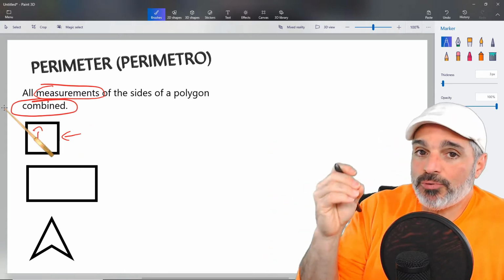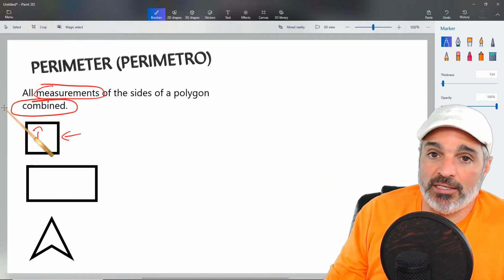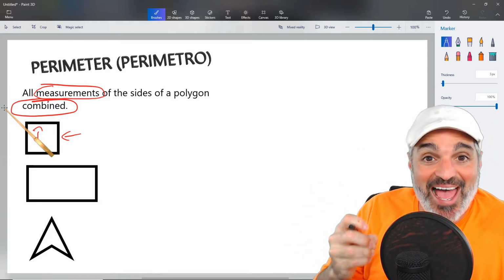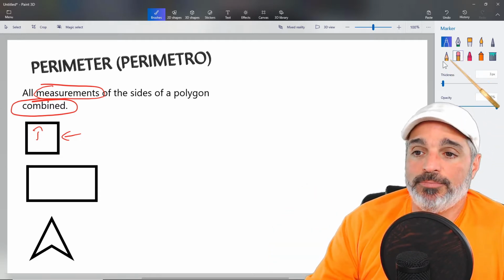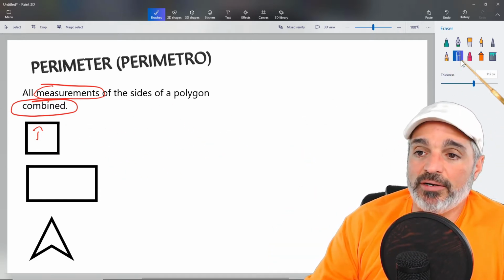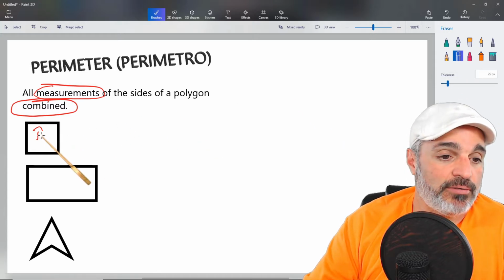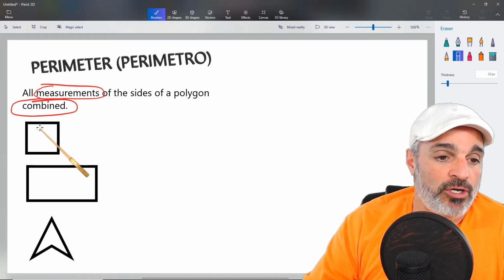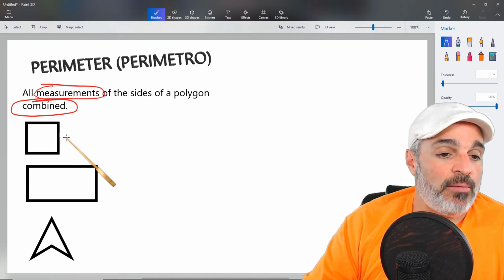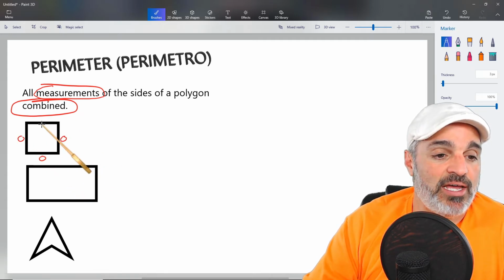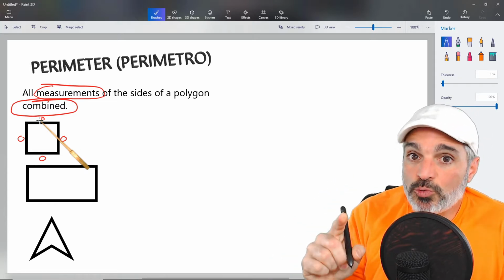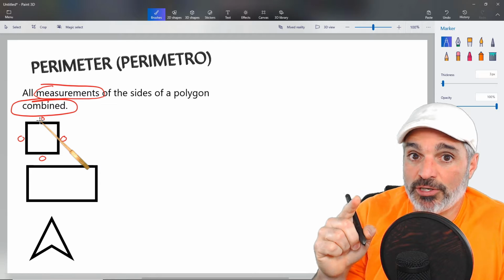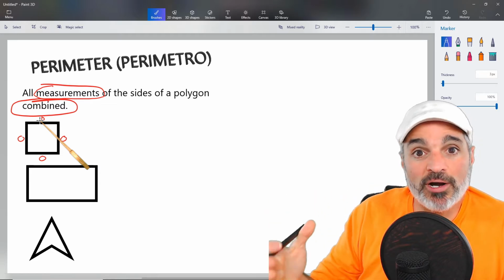So to know the perimeter of a polygon, of a shape, you need to add all the measurements of the sides. In this case, for example, if it's a square that you're dealing with, like here, you will need to know how much is this side, this side, this side, and this side to calculate the perimeter. Now, you can also use the geometrical rule that we learned, that all sides of a square are the same.